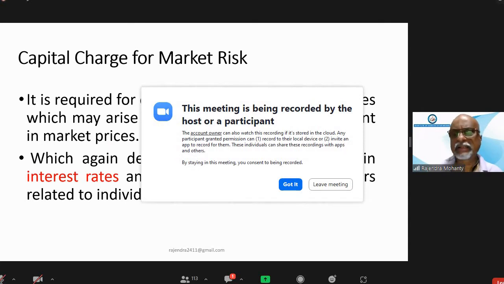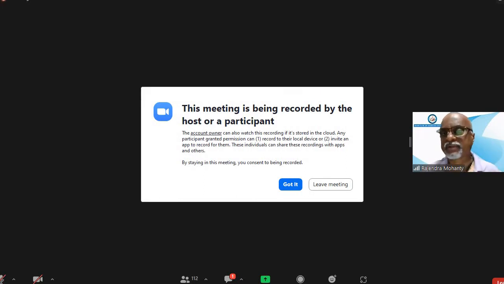And this may happen for two reasons. The first reason is adverse movement in the interest rate. The rate of interest of the market may move adversely, and due to that the price may come down, for which we may have losses.